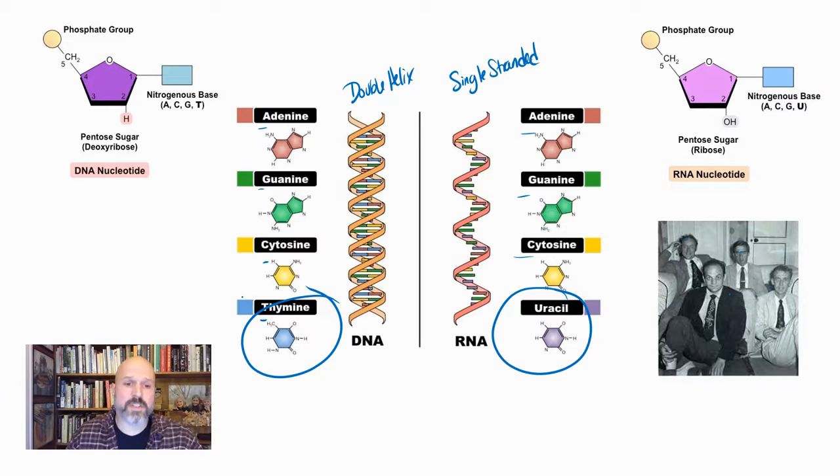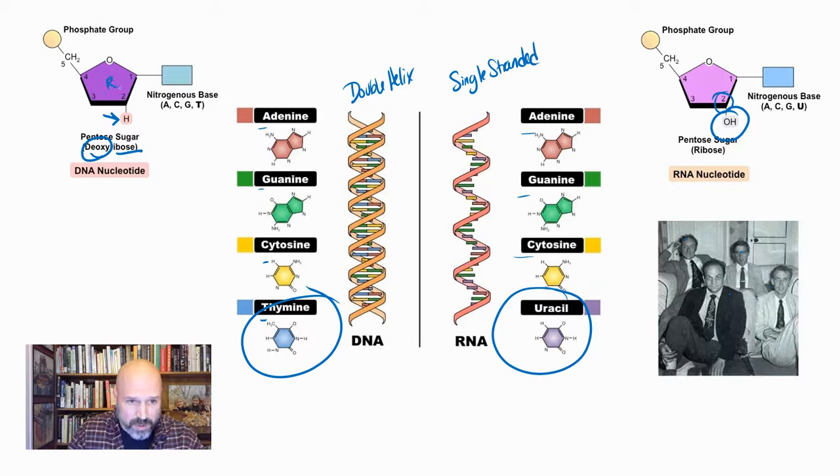A couple other differences: let's start over here with RNA. At the 2 position, there's this OH group, a hydroxyl group. That O is missing on the DNA side. Therefore, DNA, by missing an oxygen, has been deoxygenated, and that's why it's called deoxyribose.